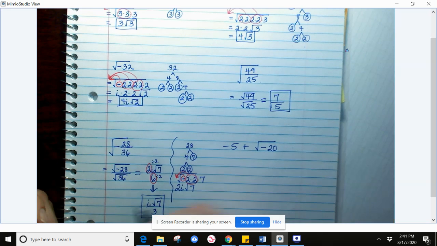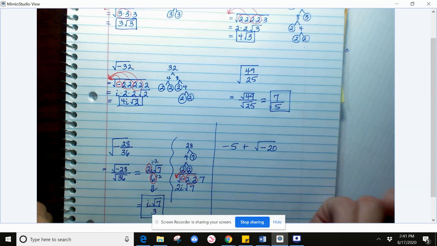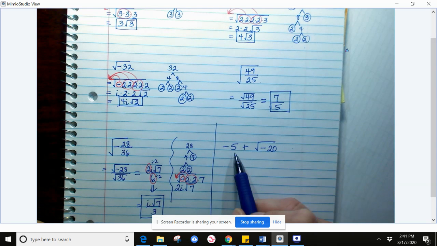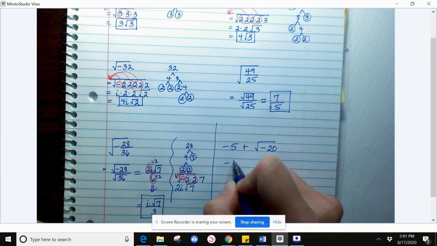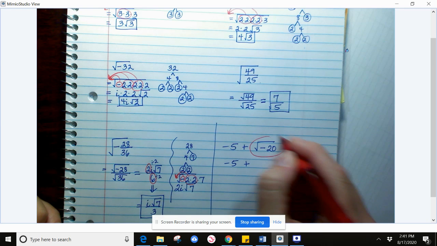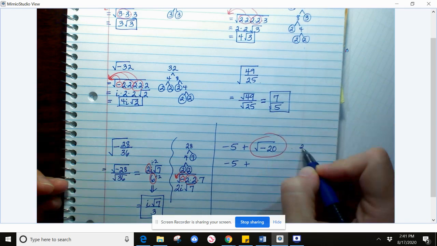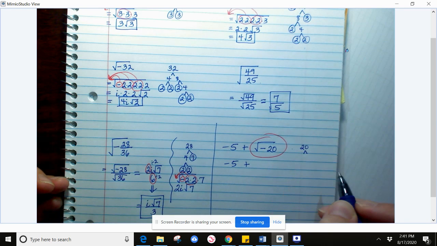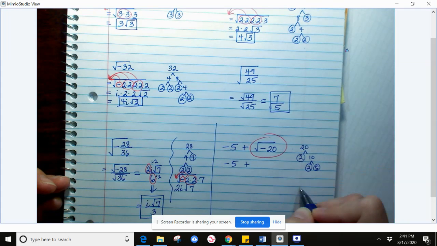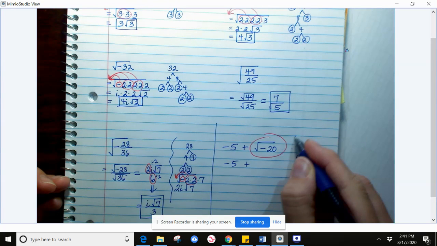That looks good. All right, for the last one, this one looks kind of complicated, but it's really not that bad. We're simplifying. Now, I can't do anything with negative 5, so bring it on down. But this square root of negative 20, I can clean that up. Well, let's go over here and do that. All right, we can break this down. Let's just do 2 and 10. And then 10 breaks down into 2 and 5. So the square root, again, I'm doing a little detour work over here.